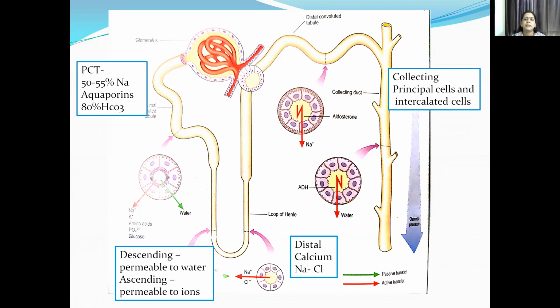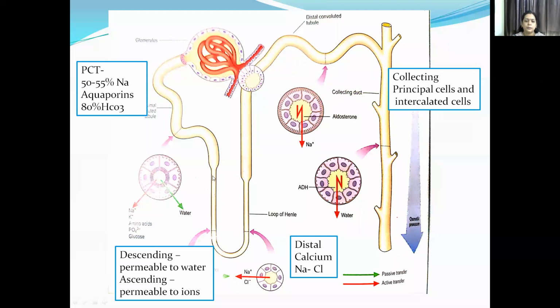Now there are some specialized structures present in the proximal convoluted tubule which reabsorb the water, known as the aquaporins. And again, the hydrogen ion is exchanged for the sodium here, and almost 80% of the bicarbonate is reabsorbed in the proximal convoluted tubule.